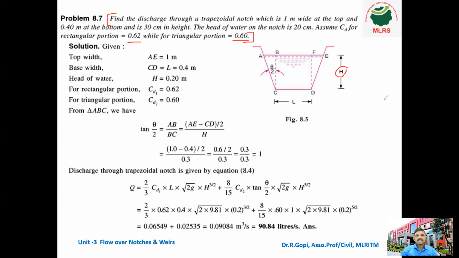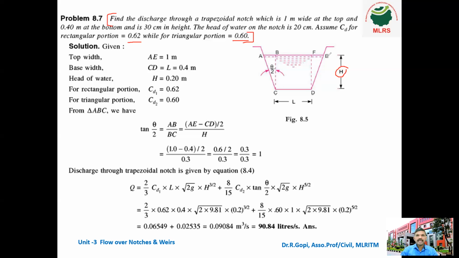As we discussed earlier, there are two CDs, one for the rectangular portion and another for the triangular portion. So for the rectangular portion the coefficient of discharge is 0.62, while for the triangular portion it is 0.6. Okay, so the top width is 1 meter, AE. Here is the diagram of the trapezoidal notch.